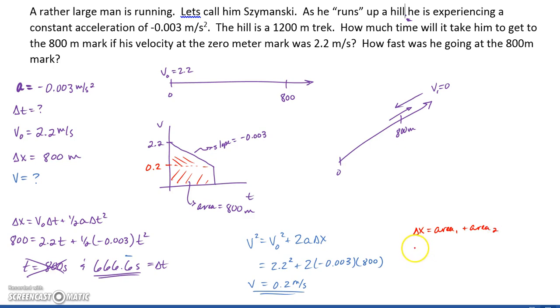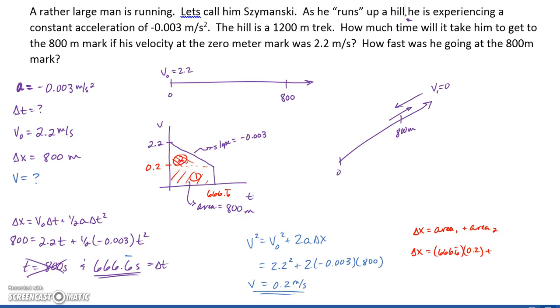And I said, well, my area 1, let's go right here, area 1, that would be a rectangle, such as base times height. All right. So we knew this time was 666.6 repeating. So my base is 666.6 repeating times that height of 0.2 plus this number 2, that's a triangle.